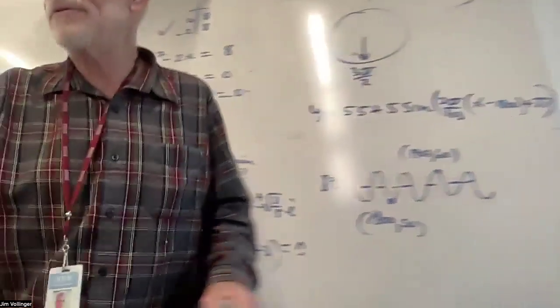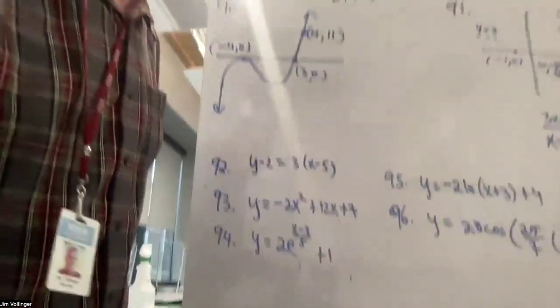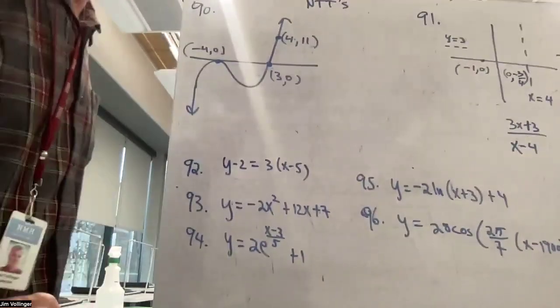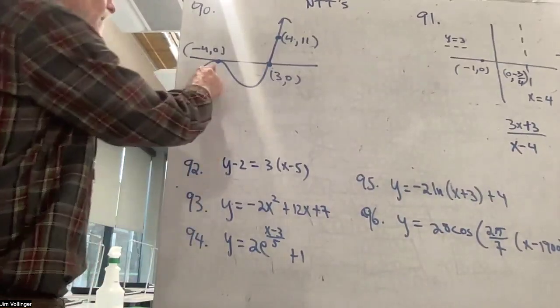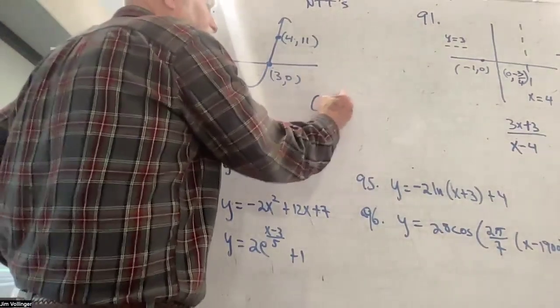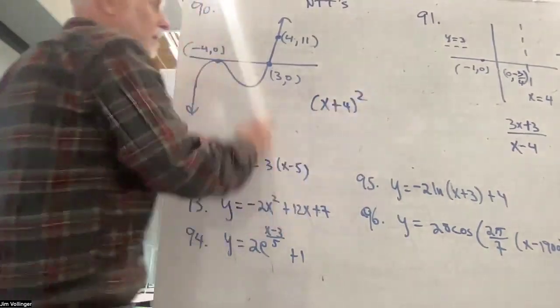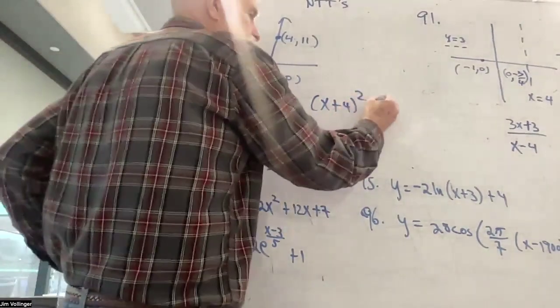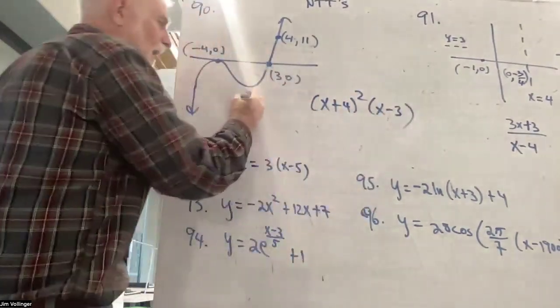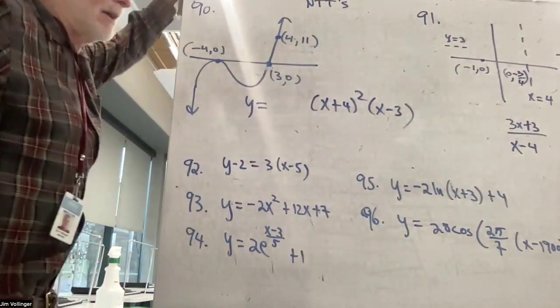All right, we're getting to the graphs now. Name that tune. It's a little dark. Got to go with it. Hope you can see it. I'm seeing a double root, so I'm seeing an x plus 4 squared. I'm seeing a linear root, so that's an x minus 3. I haven't done this, so I'll leave that there for a second.